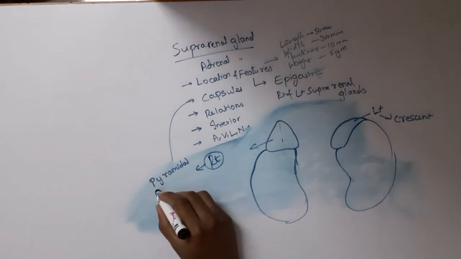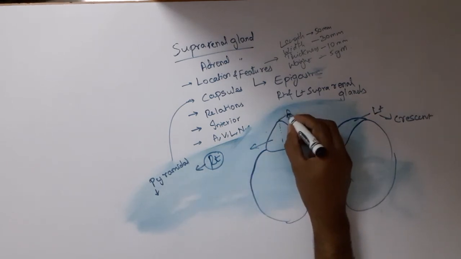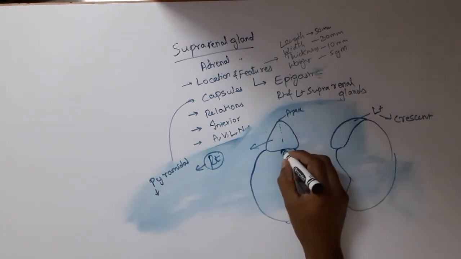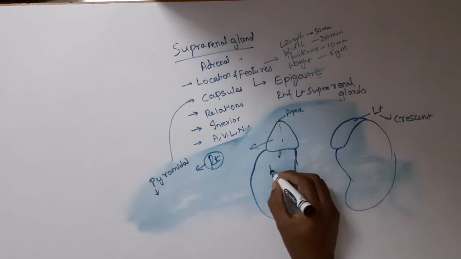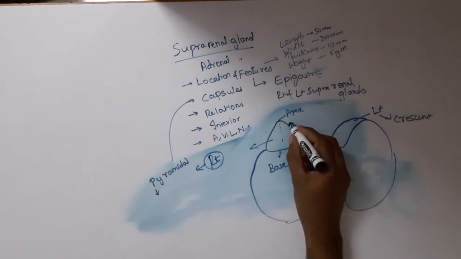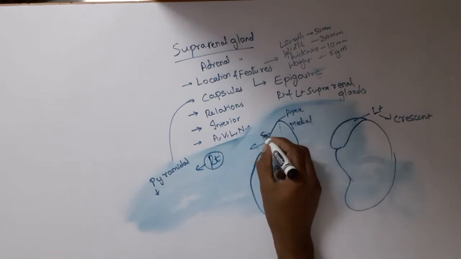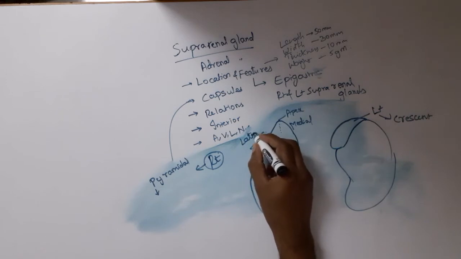Then apart from this, it has presenting features like an apex, and a base which is related with the kidney, and two borders. This is the medial border and this is the lateral border.